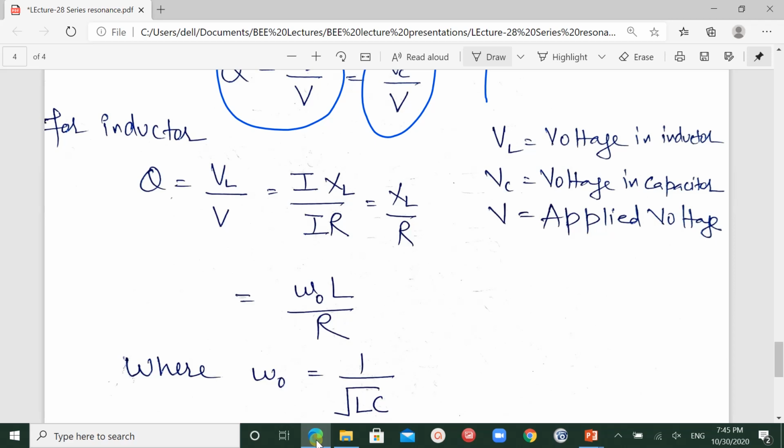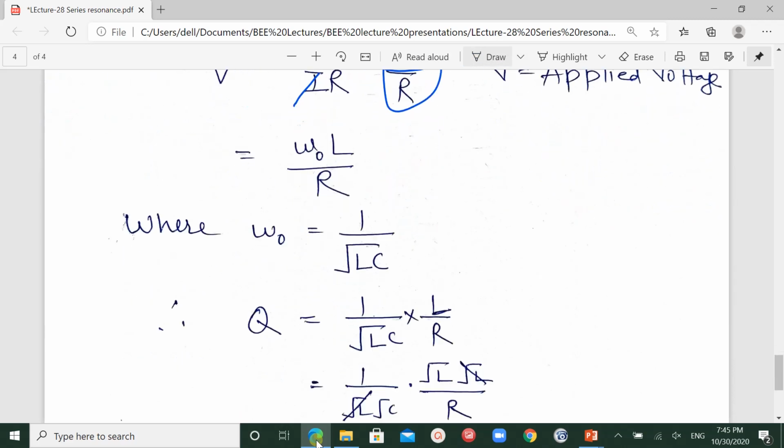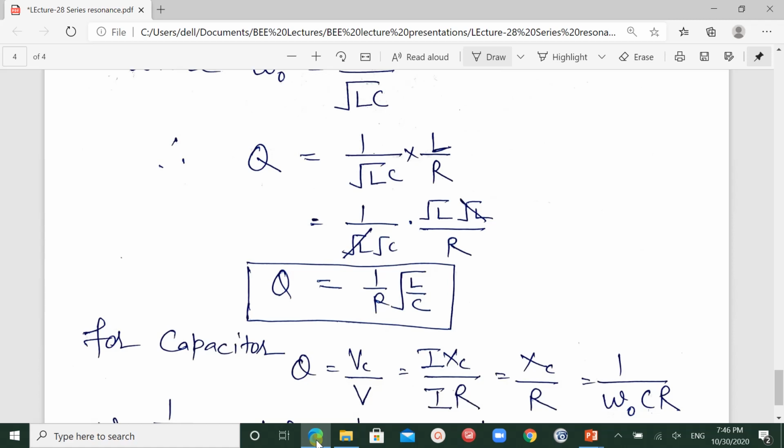So we put the values, I cancels, and we are left with XL upon R. We know the value of XL is omega naught L, and omega naught is equal to 1 upon under root LC, as we found in resonance. Putting these values, Q is equal to 1 upon under root LC into L upon R. Then we solve it and get Q equal to 1 by R under root L upon C. This is the simple calculation we do for simplification.